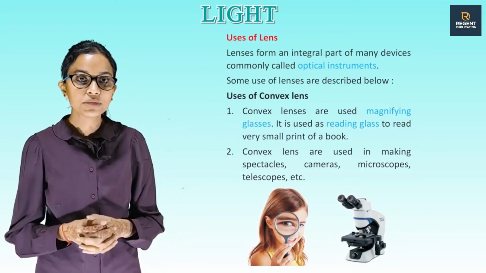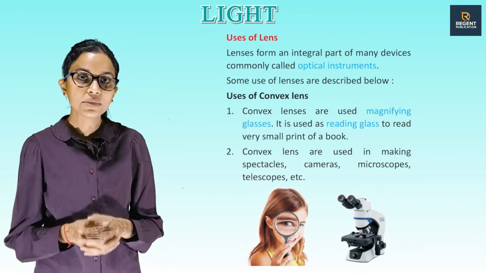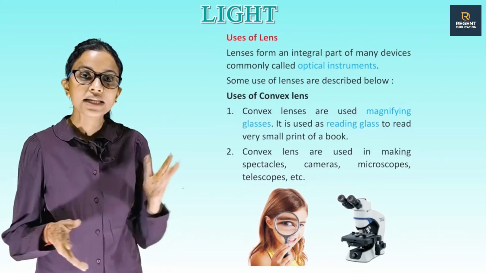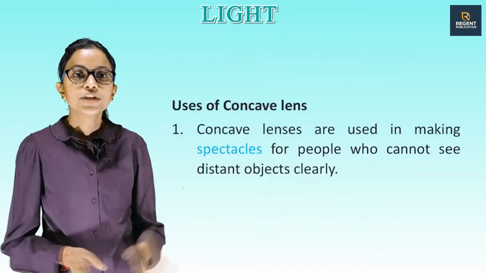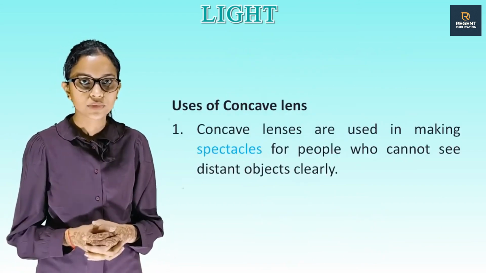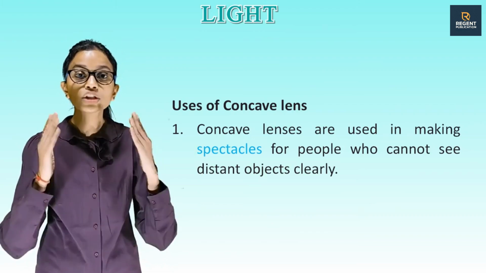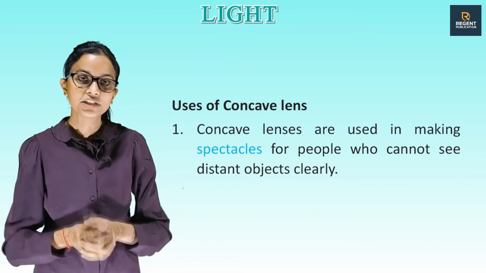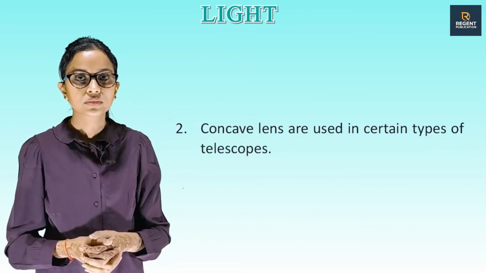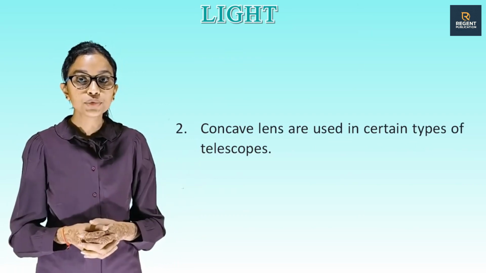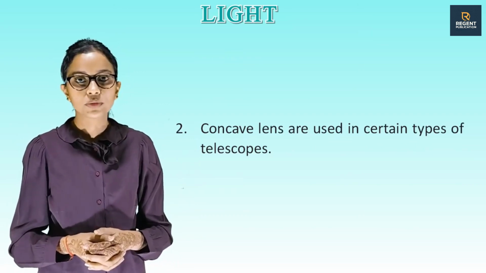Convex lenses are used in making spectacles, cameras, microscopes, telescopes, etc. Uses of concave lens: concave lenses are used in making spectacles for people who cannot see distant objects clearly. Concave lenses are used in certain types of telescope.